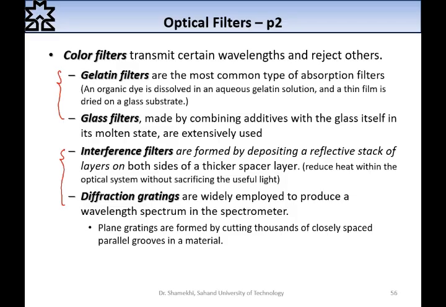These layers reduce heat within the optical system without sacrificing the useful light. And also diffraction gratings are widely employed to produce a wavelength spectrum in a spectrometer, and these plane gratings are formed by cutting thousands of closely spaced parallel grooves in a material.